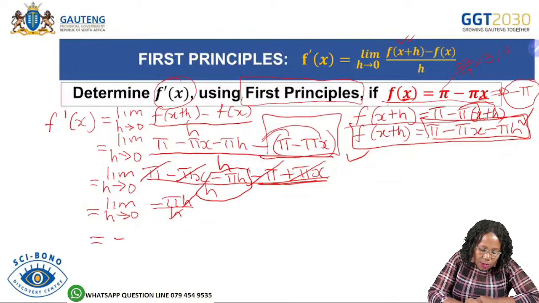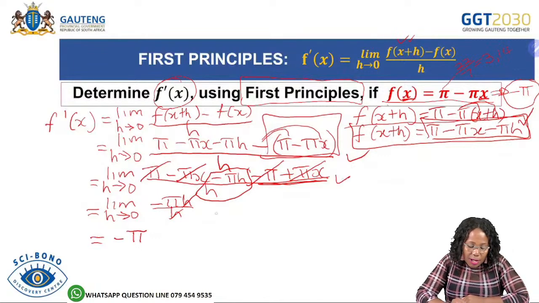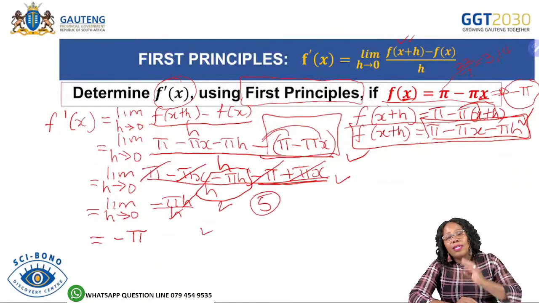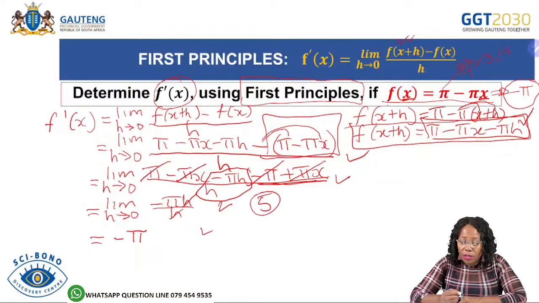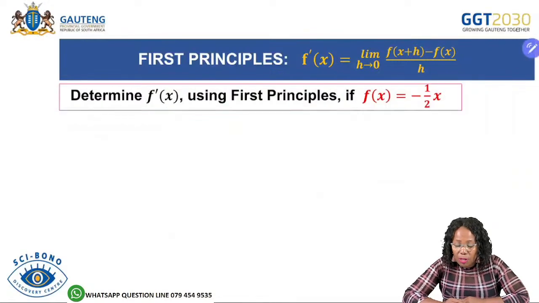So my answer will be a negative pi. I don't write a limit anymore. So that is your third mark, your fourth, and your fifth mark. So the first principle will be worth either 4 or 5 marks depending on the examiner. It always acts like that in all problems.